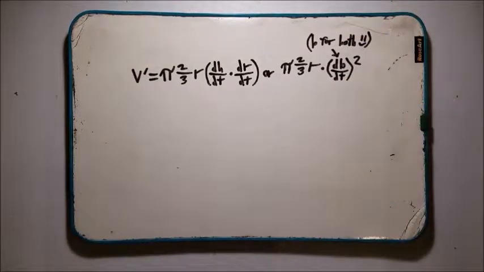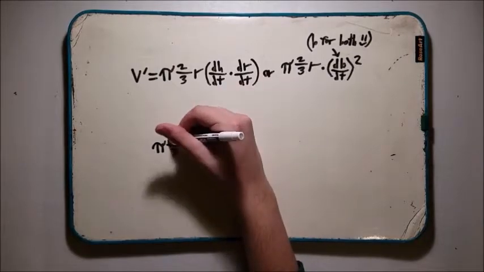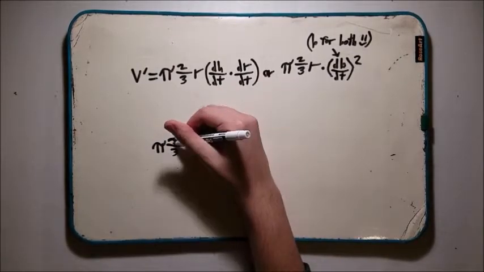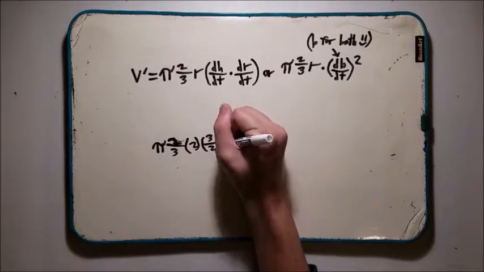I can't go into full depth. But meanwhile, for the r squared, we take the 2 in the squared and bring it over to the 1/3, multiply it by the 2, which gets us to the pi 2/3.